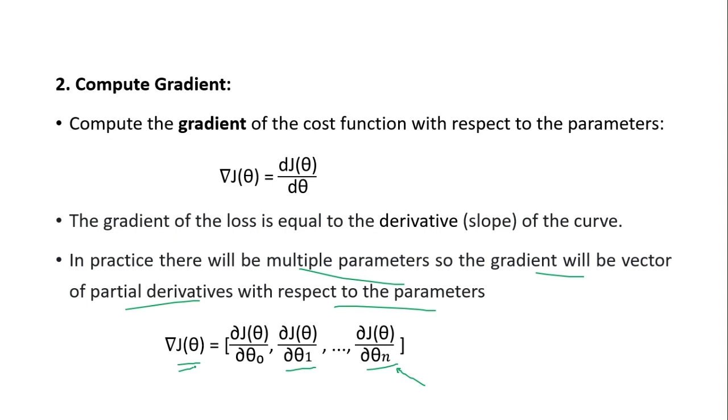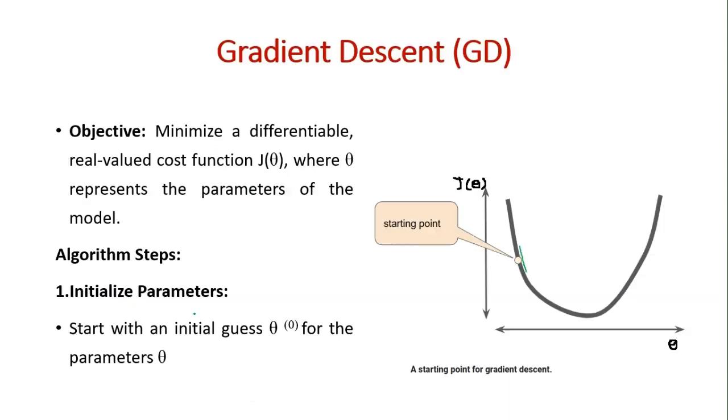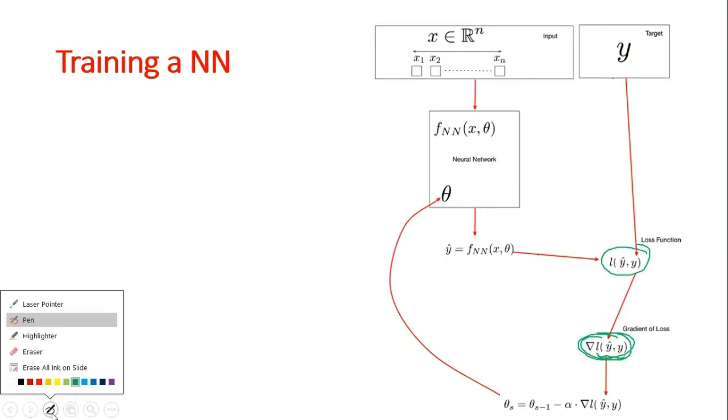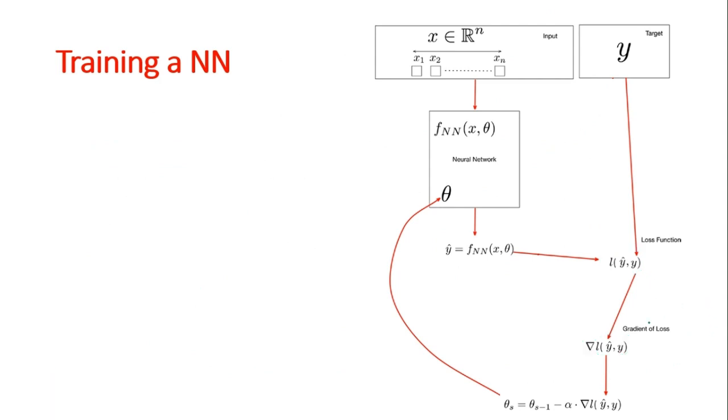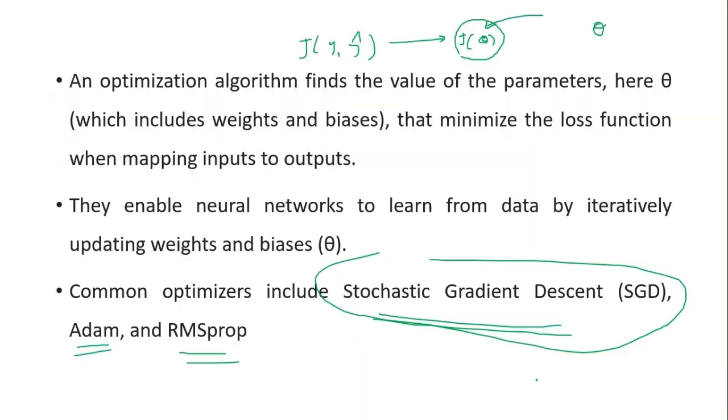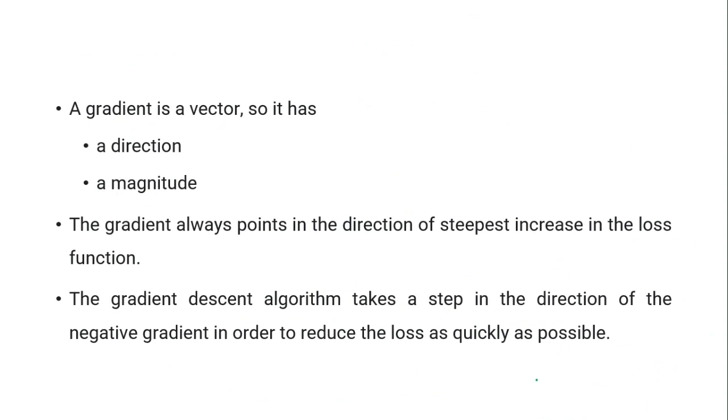So that we have already calculated here in step number 2. Assume that we have calculated the gradient of J of theta in step number 2. So that means we are doing this particular step here. We are finding out the gradient, that means the gradient of the loss function. Now the next step is the updation step. That step we will discuss as the third step. In between, we have some information that we are skipping now.